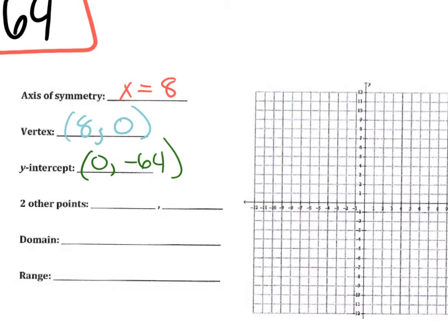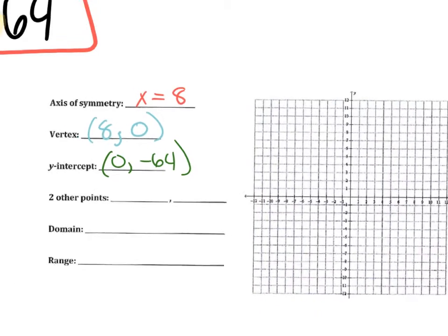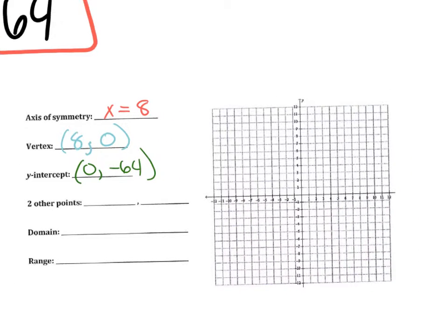So you're going to say, all right, my axis of symmetry is x equals 8. So I'm going to go to 8, and I'm going to make a vertical line down the middle. My vertex is (8, 0), which is right here. My y-intercept would be (0, -64), so it would be all the way down there. I'm not even going to draw it on there.